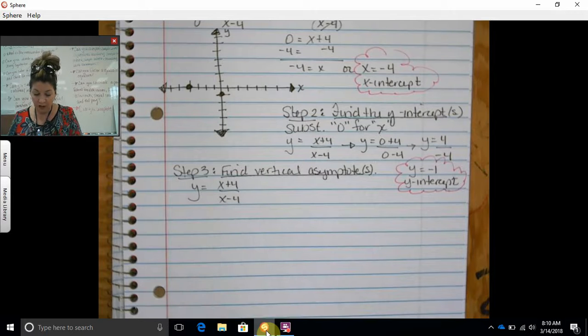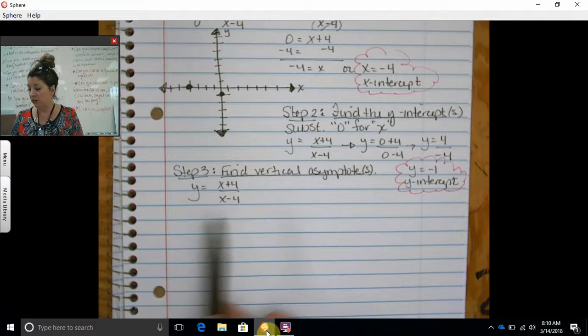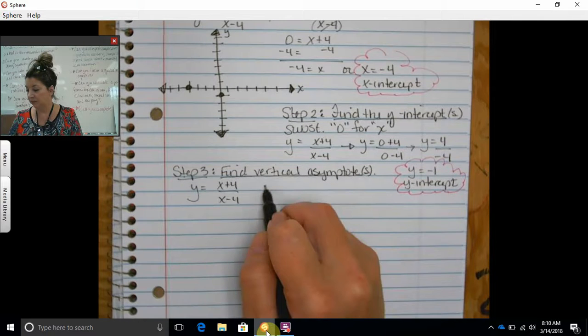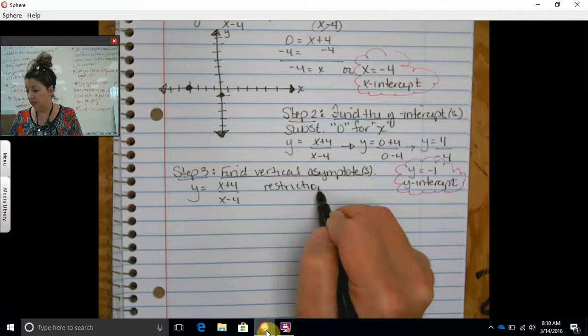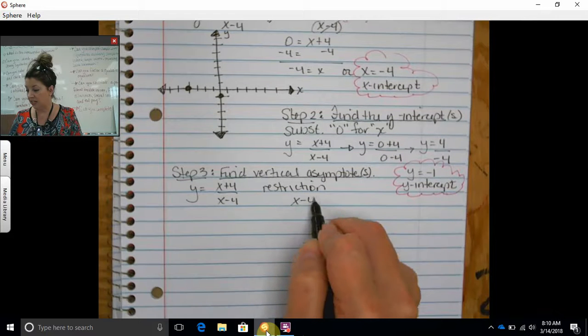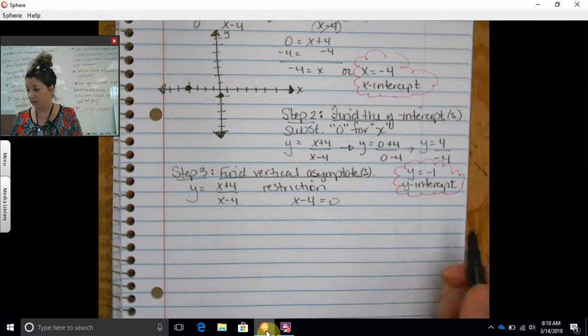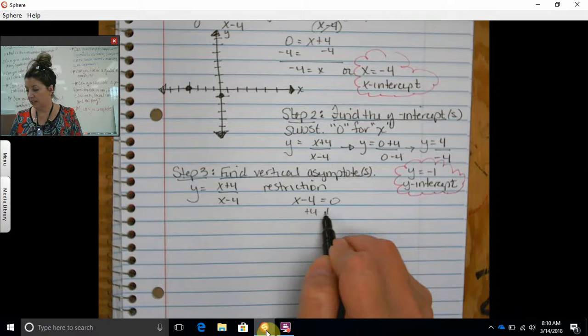It says if no factors can be canceled, which applies to this problem, then the vertical asymptote has the same equation as the restriction. Remember, your restriction is where you take your factored denominator, set it equal to 0, and solve for x.